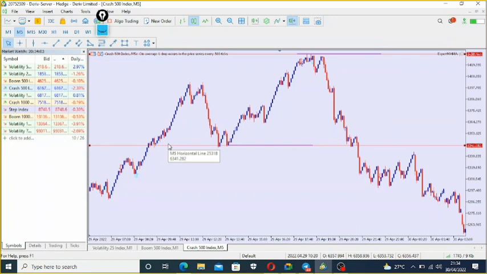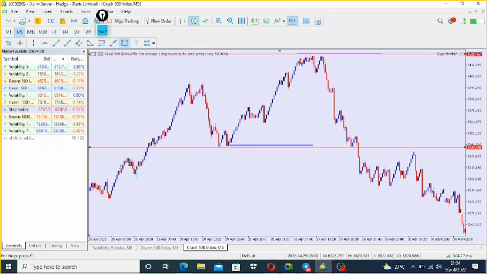Now, I want you to take note of this, because when we are talking about support and resistance, people see them as a line. I want you to note that support and resistance is not just this straight line we are seeing here. Support and resistance is a zone. When you have your support and resistance line here, it simply means that it can be within this area.